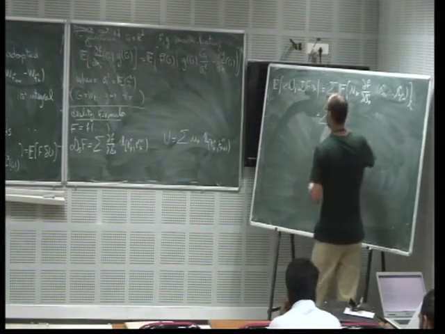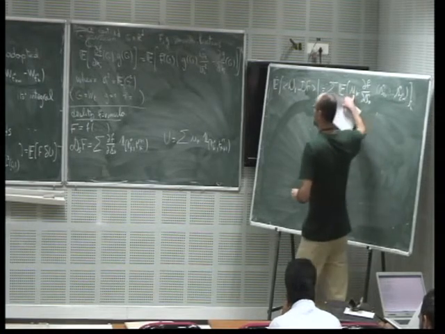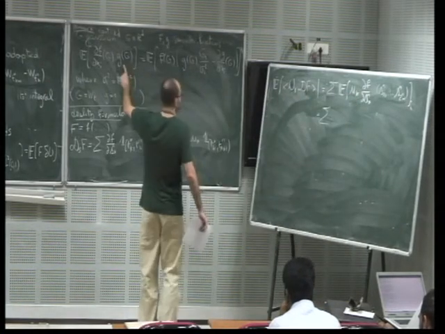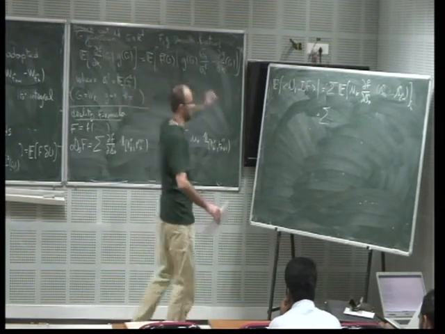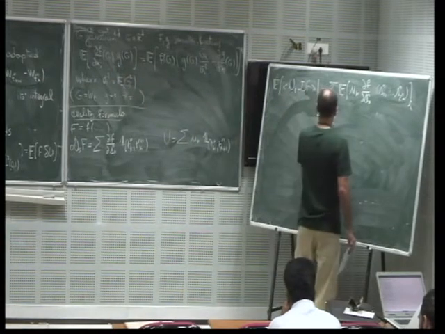So u is g and f is f, so that's easy. So now we can compute this.